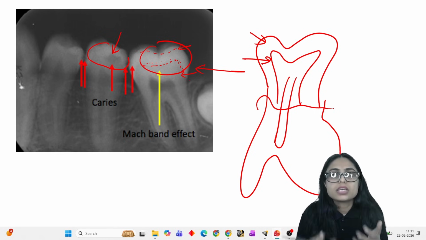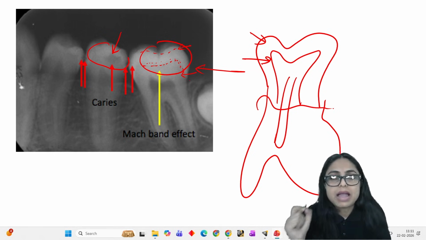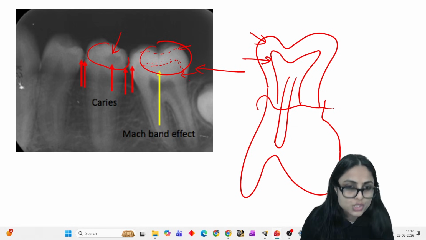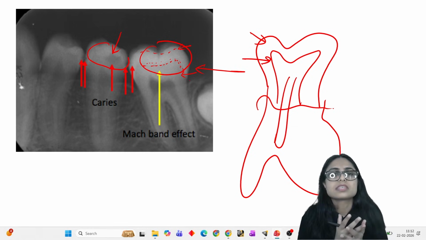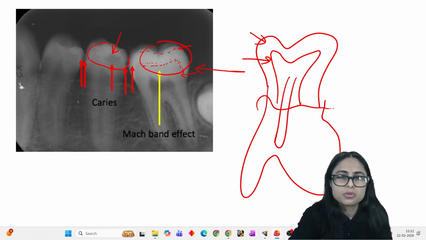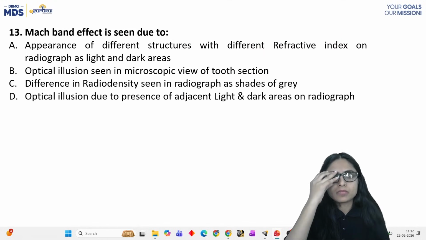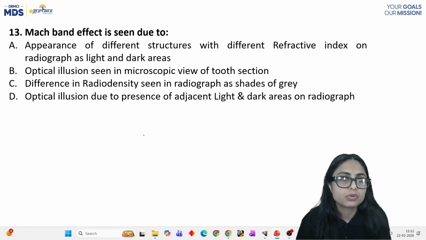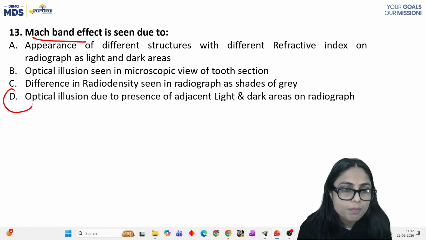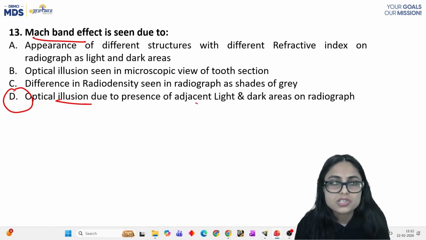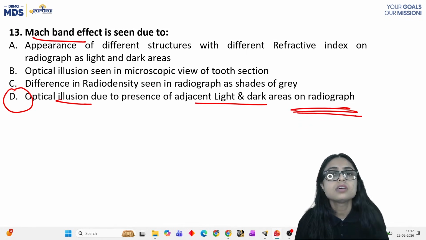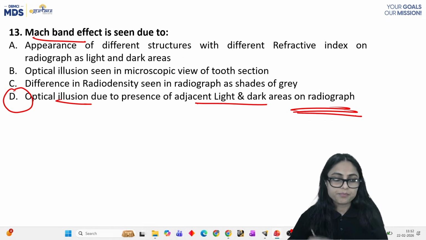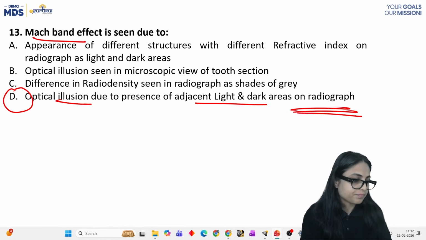So while evaluating caries, you need to be very careful whether it is a Mach band defect or a carious lesion. That is all the significance of the Mach band effect. It is not commonly asked, but you should have a basic idea about it. So the Mach band effect is just an optical illusion due to the presence of adjacent light and dark areas on the radiograph.